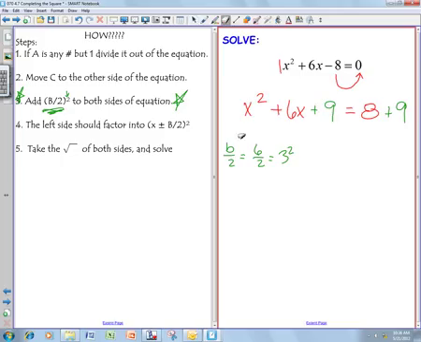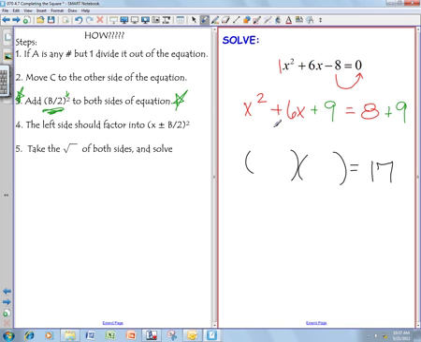All right, with that said, I'm going to give myself a little more space here. What I mentioned earlier is that we did this so that we could factor this left-hand side into the same two sets of factors. I'm going to go ahead and add that 8 and 9 right now.